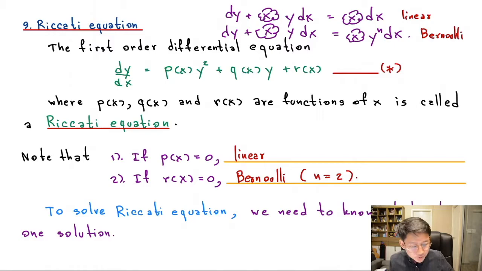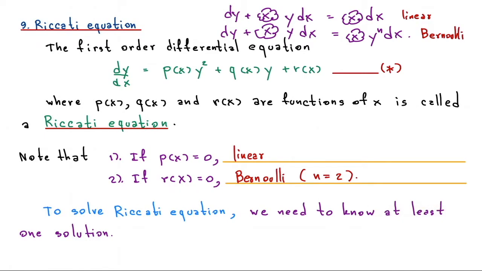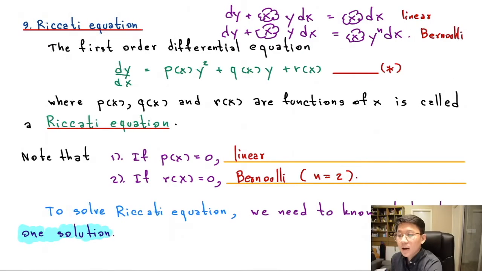Okay, so to solve a Riccati equation, we need to know at least one solution. And that is the good thing. Why? Because whenever you see a question where they give you an ODE to solve and then they give you one solution, you know that you need to solve it by Riccati.